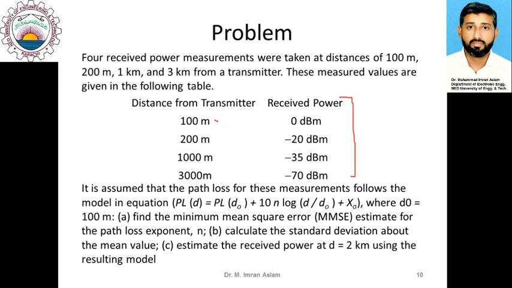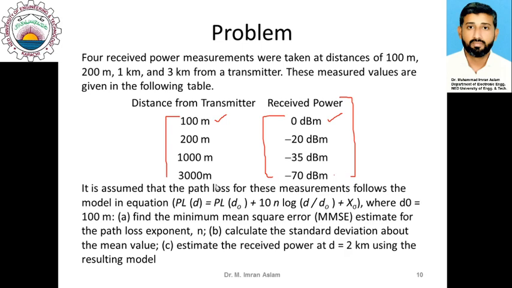At 100 meter distance we have 0 dBm received power, at 200 meter we have minus 20 dBm, at 1000 meter we have minus 35 dBm, and at 3000 meters we have minus 70 dBm. So these measurements are taken at different distances, and at all distances we get different powers.